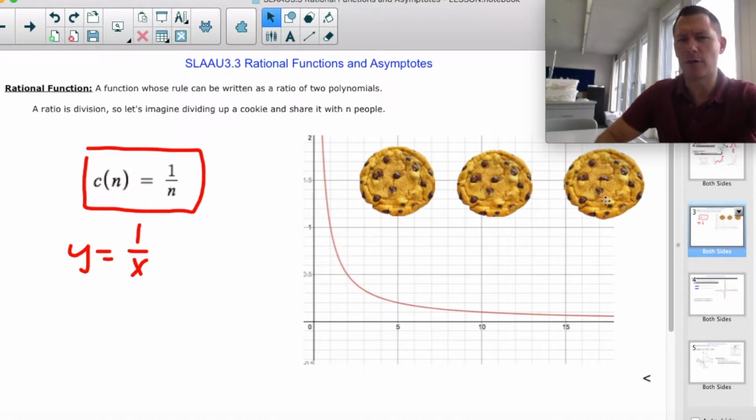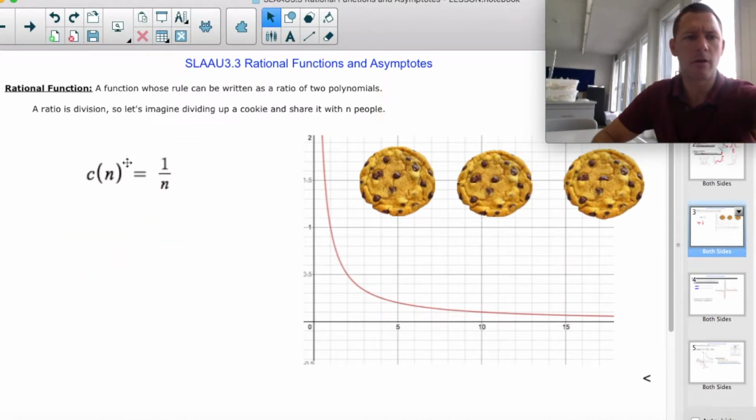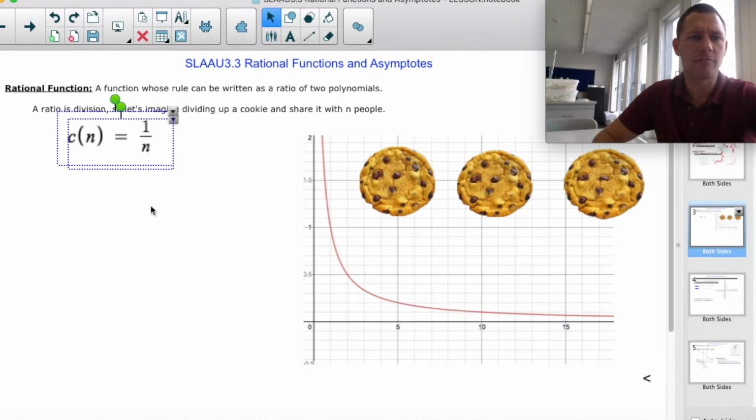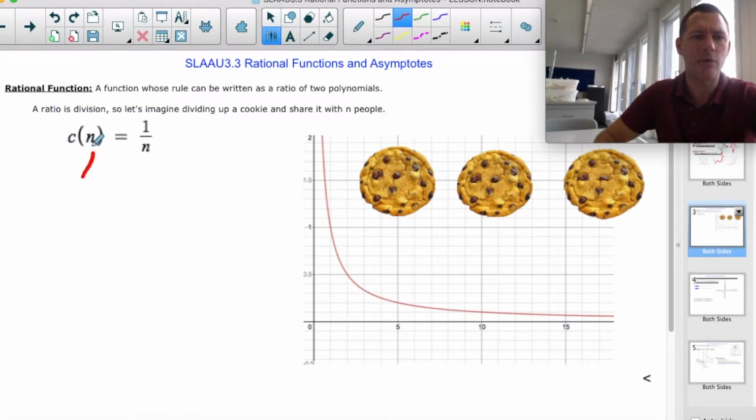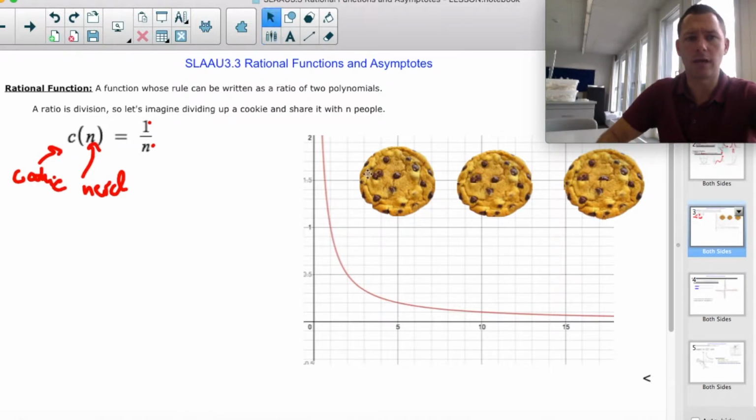So if you think about cookies and dividing cookies up, this is like the number of cookies. Oh, I was hiding back there. This is the number of cookies based on the number of people n that we're sharing with, right? So how much cookie everybody gets. Cookie per nerd, maybe. So if you have one cookie and you're dividing by some people, you're taking a cookie and breaking it up.